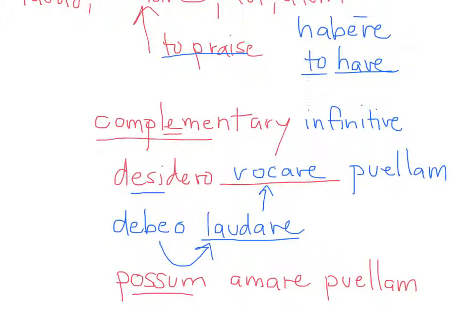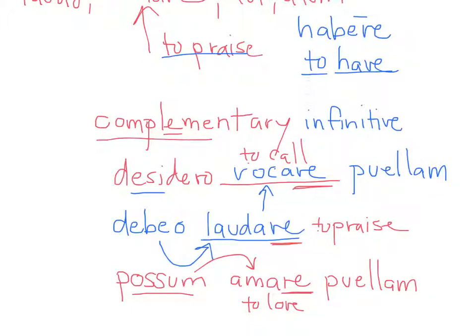This verb has to be followed by a complementary infinitive, a verb that ends in re in this case when it's in the present. This is the second thing in the dictionary. I'm able to love, or I ought to praise, or I ought to call. Those are uses of the infinitive.